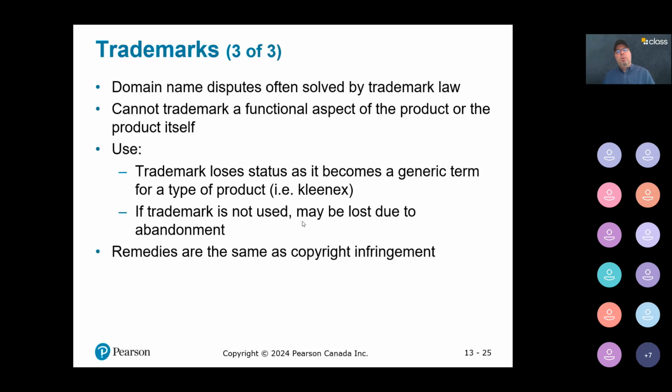What is the product behind Kleenex that we refer to as Kleenex? Does anyone know? When you tell someone, hey, can you buy Kleenex for me? What are you asking them to buy?